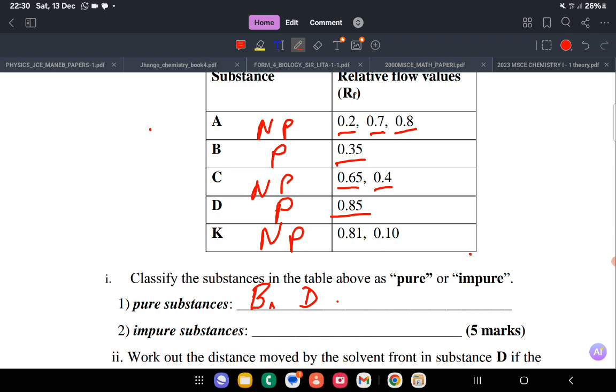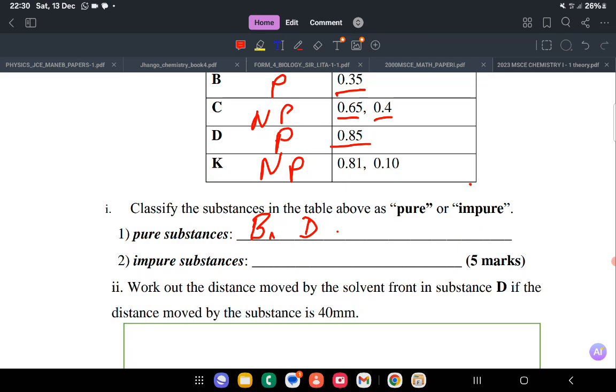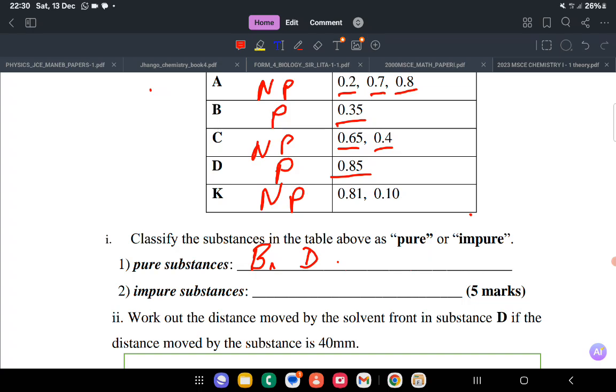B and D are pure substances. Why are we saying so? Because B and D have only one relative flow value. A pure substance always has only one relative flow value. If it has more than one, it means that such a substance is not pure. So the rest are impure substances.